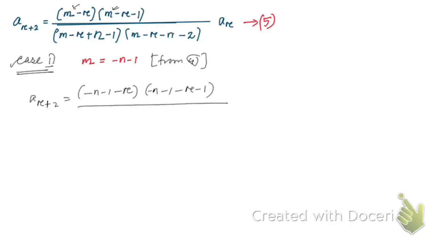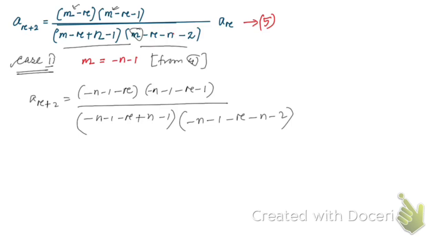Here is the numerator, and the denominator will be of this kind, minus n minus 1 minus r plus n minus 1 into, again replace this m by minus n minus 1 minus r minus n minus 2. Okay, so here you can take minus from this term common, then these terms will be positive. You can take minus sign common from this term as well, then all these terms will be positive, right?